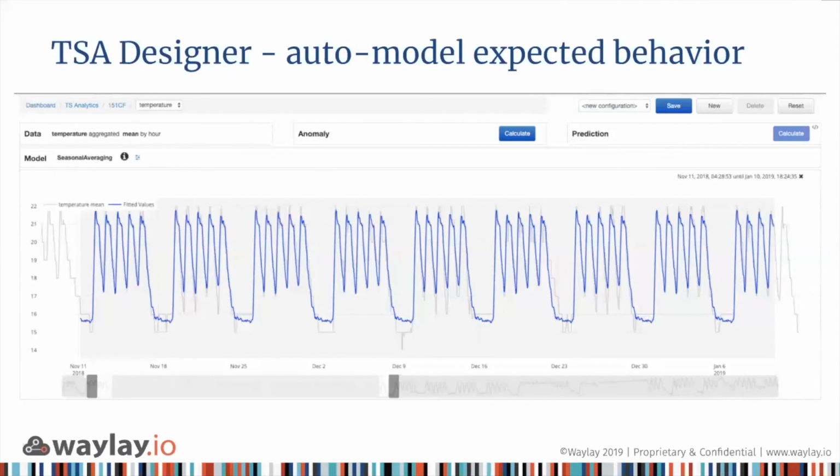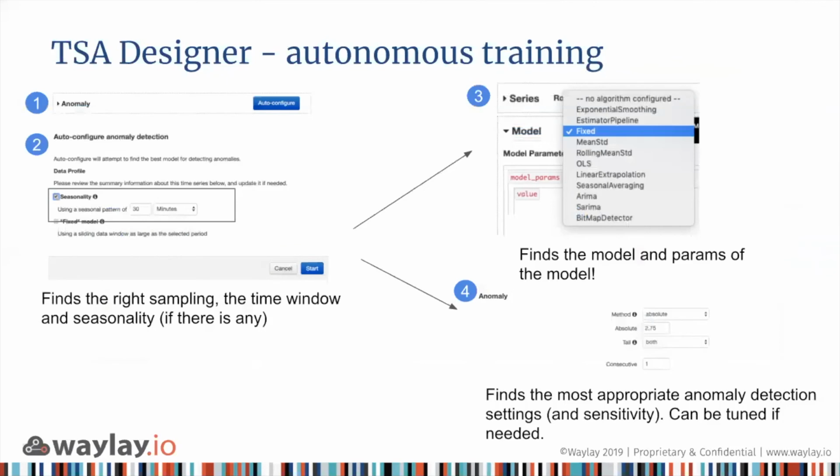We ourselves are not in the business of creating algorithms, but if you happen to have your own algorithm, or you want to use a different algorithm, it's very easy to plug a Python library into our framework. Okay. So once you're happy with the model, you can change it as you see fit.